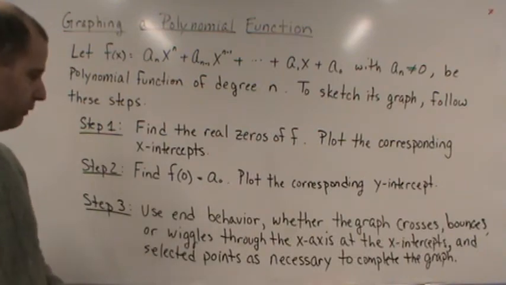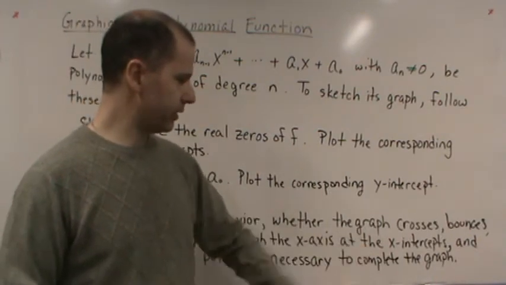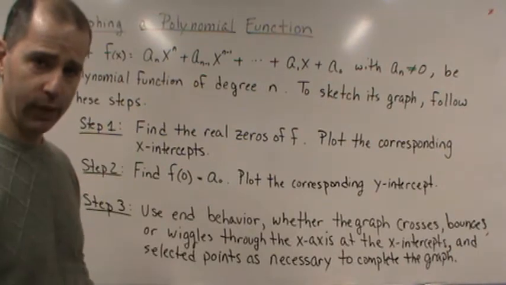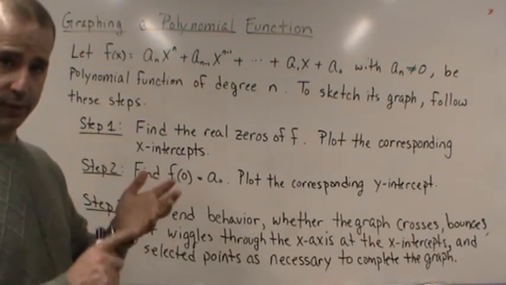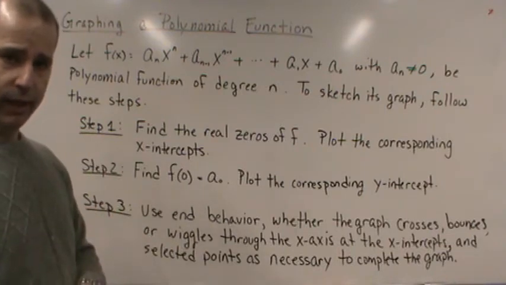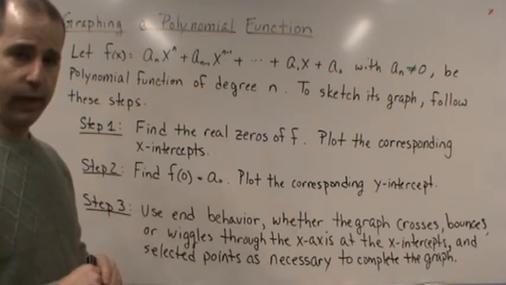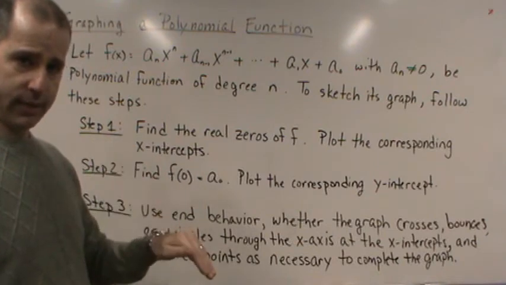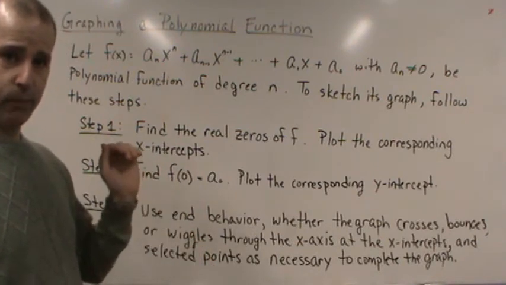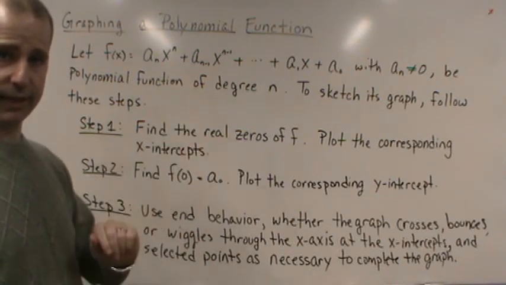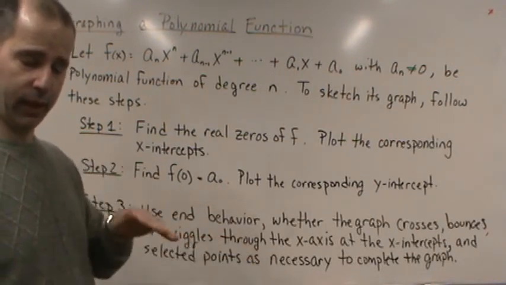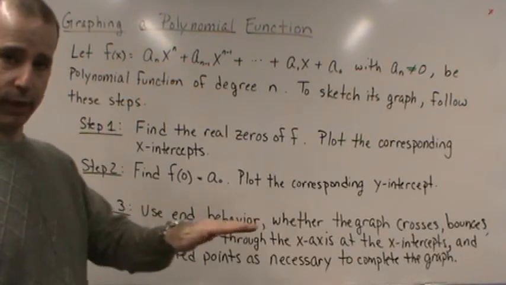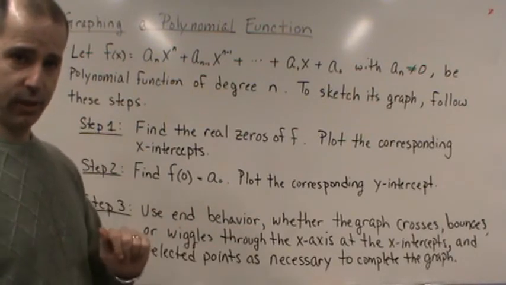Use end behavior, and whether the graph crosses, bounces, or wiggles through the x-axis at the x-intercepts. Again, remember, that's where the multiplicity comes in. The multiplicity is going to tell you whether it crosses the x-axis, bounces off or touches the x-axis, or wiggles through, where it becomes tangent to the x-axis.